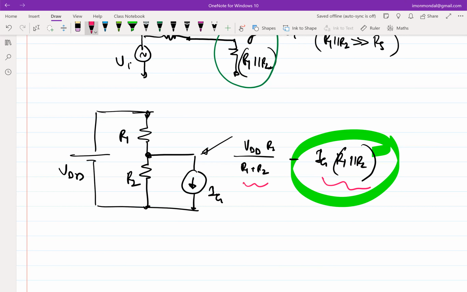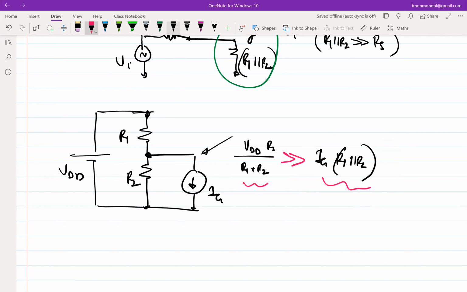Correct? So I have to ensure that the additional drop that is happening because of this Ig is much lesser than the original voltage that I would have had. So essentially, you'll have to ensure that this guy is much greater than that guy. Then you choose your R values, right? So you get an additional constraint.